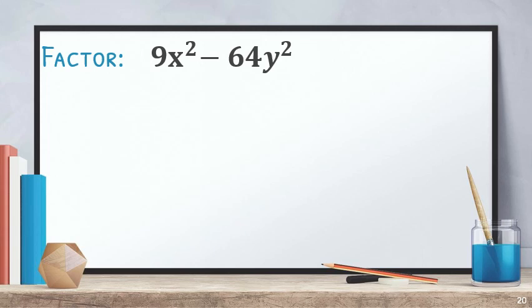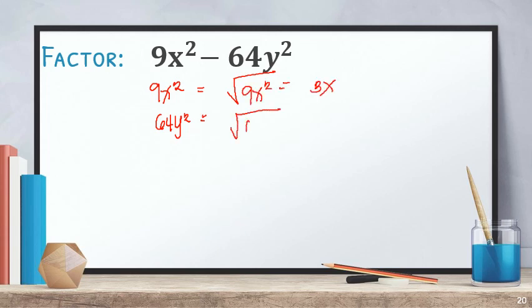Now, let us write the terms. 9x squared and 64y squared. Get their square root. The square root of 9x squared is 3x. The square root of 64y squared is 8y.